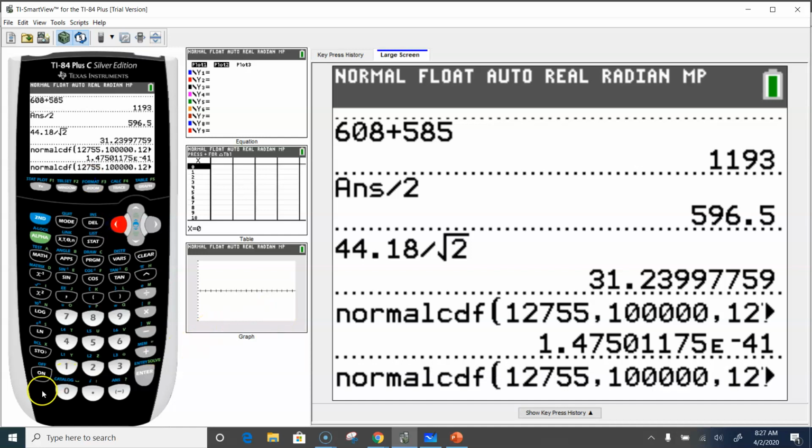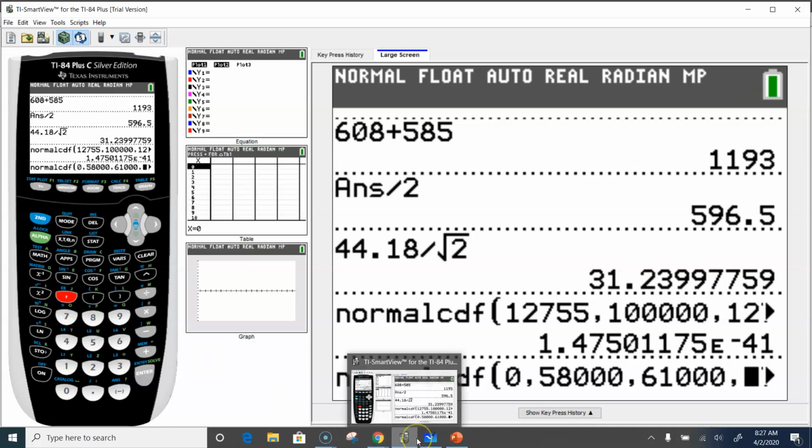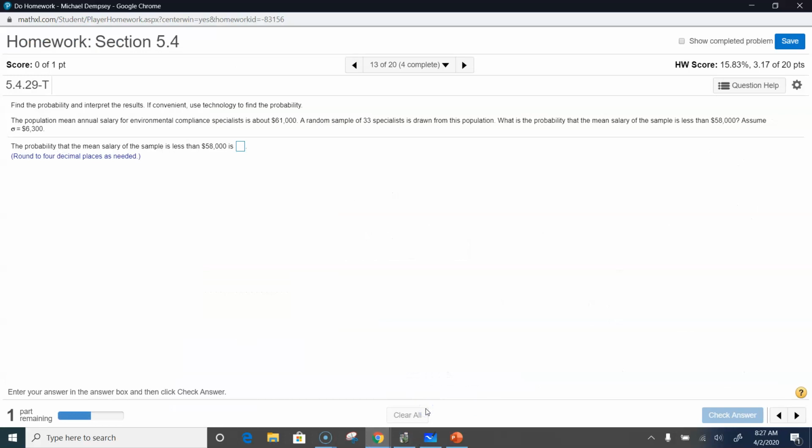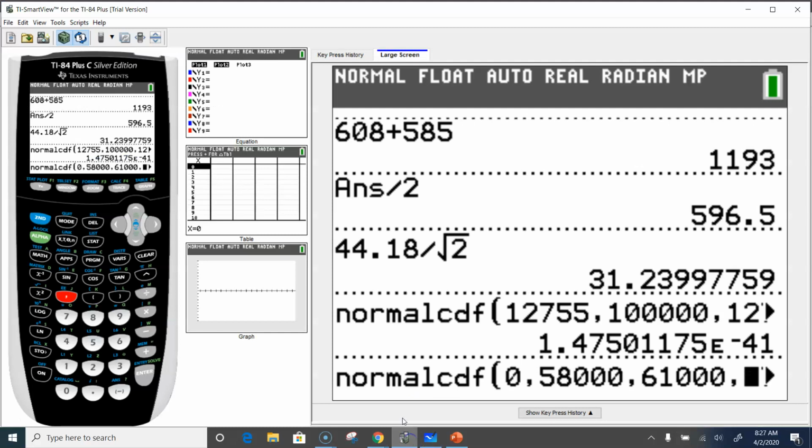Okay, so we started with 0 as our lower limit, and then I think it was 58,000. The mean was 61,000. And I did not calculate the standard deviation. I'm going to let the calculator do that for me. But it's going to be 6,300 divided by root 33.